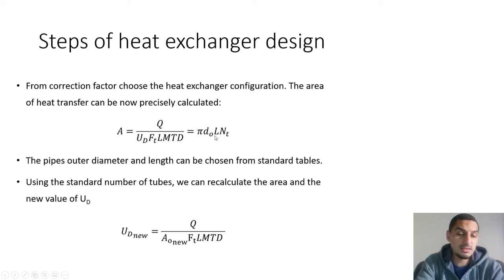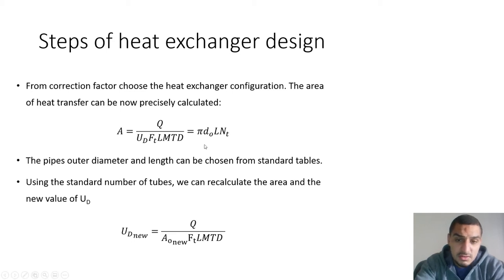There are some standard values, so we usually go for 1 inch for the diameter, or 3/4, whatever. I usually start with 1 inch, and for the length we have standards of 8, 12, 16, 20 feet. So whatever value you want to start with, you can go ahead and pick.